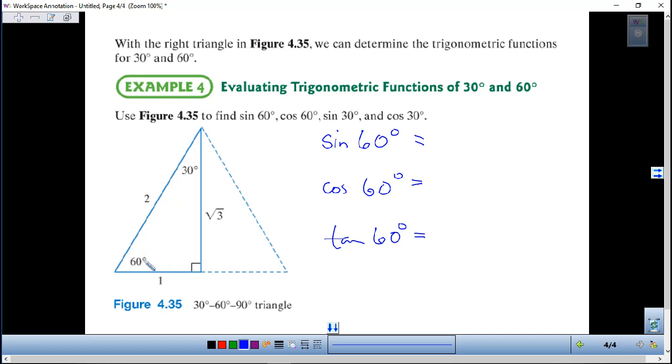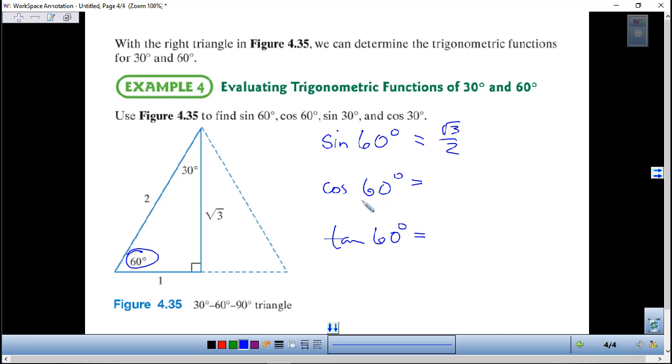If we're dealing with 60, that's what we're doing in reference of. So opposite is the square root of 3, adjacent's 1, and hypotenuse, of course, is going to be 2 because it's opposite the 90-degree angle. So the sine of 60 is the square root of 3 opposite over the hypotenuse 2, so it's square root of 3 over 2.